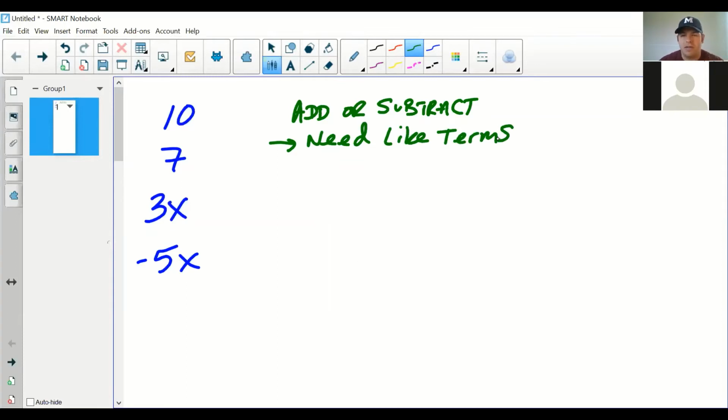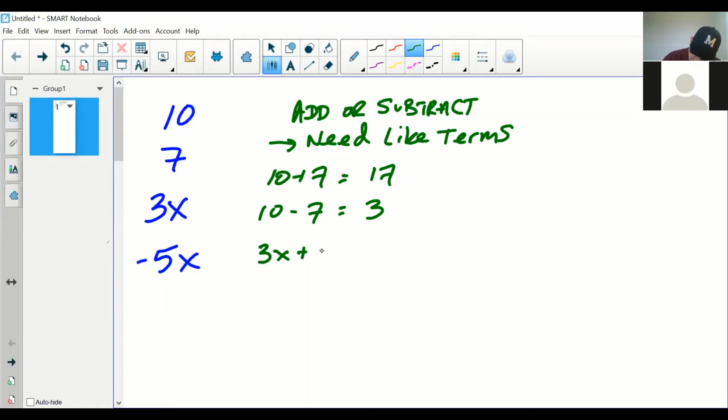So in order to actually simplify something or make it look different, we would have to add or subtract like terms. So for instance, like terms here, the four options I have over there on the left, we definitely know that 10 plus 7 would be equal to 17. Or if we had to simplify, it would be 17. We know that 10 minus 7, that would be 3. We know that the other like terms here are the 3x and the negative 5x.